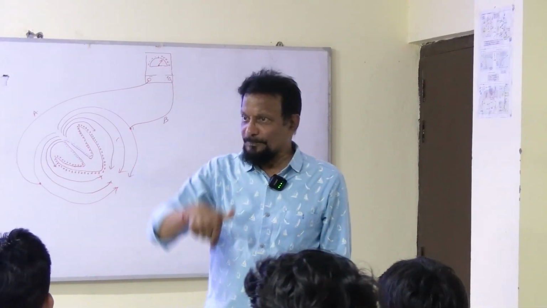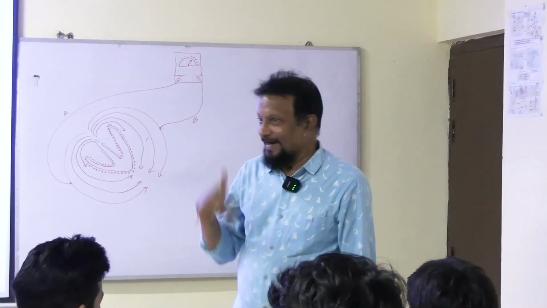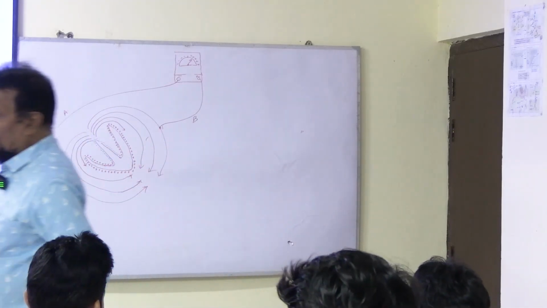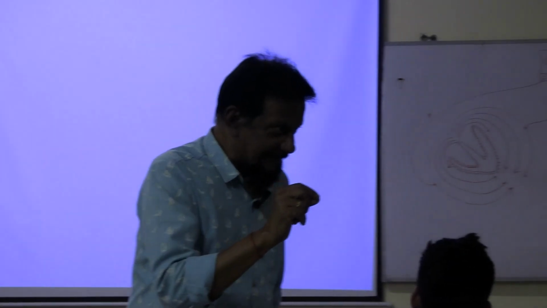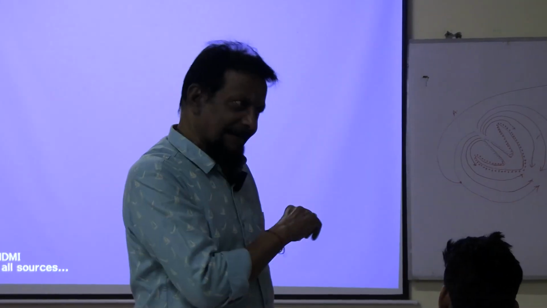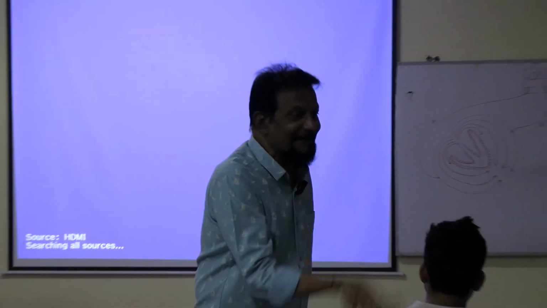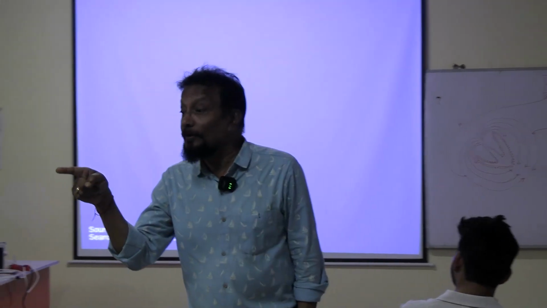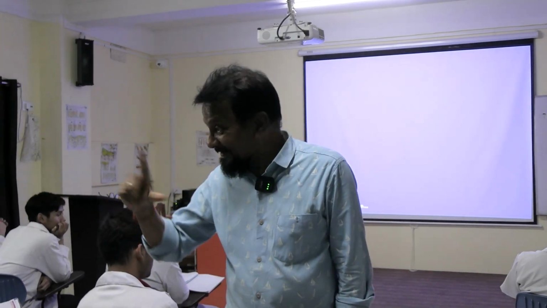So amplitude: what is the height? Height is the amplitude, and it is expressed in millivolt. Not in centimeter or millimeter. We will get it in millimeter, however we will convert it into millivolt, the voltage difference.